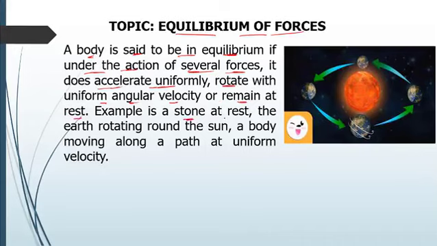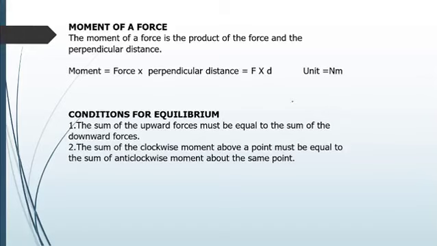For example, we talk about a stone at rest, we talk about the earth rotating round the sun. We also talk about a body moving along a path at uniform velocity. These kinds of instances denote equilibrium of forces. As you can see from the diagram, that is an example of the earth orbiting the sun.